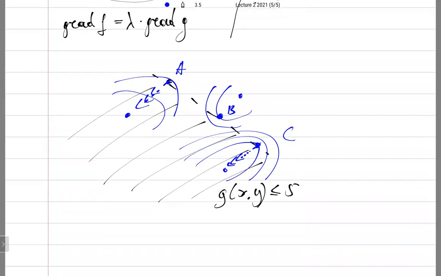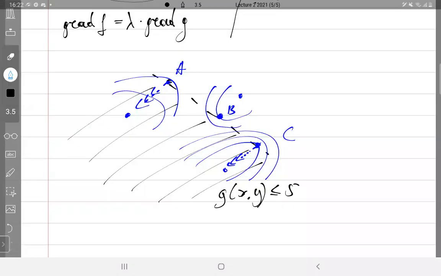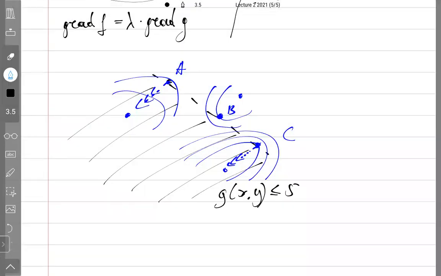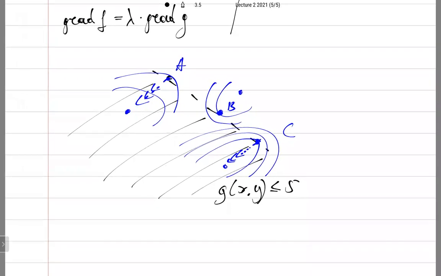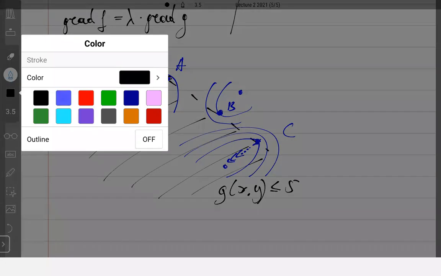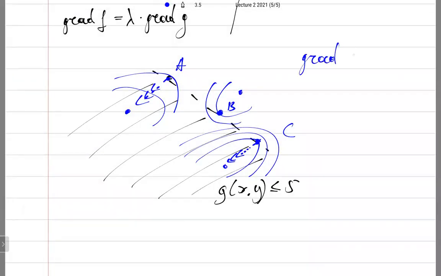Okay. Now, let me draw the gradient of f, and let me draw the gradient of g. This in blue will be the gradient of f. If you remember, the gradient is orthogonal to the level curve, and it shows you the direction in which the function will grow.